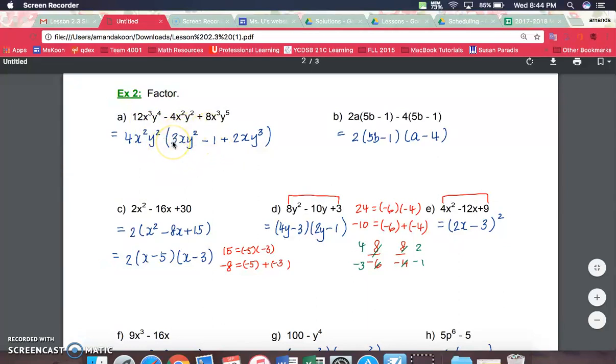Second term, negative 4x squared y squared divided by 4x squared y squared will be negative 1. You repeat this step: 8x cubed y to the fifth divided by 4x squared y squared. You are going to get plus 2x y cubed.